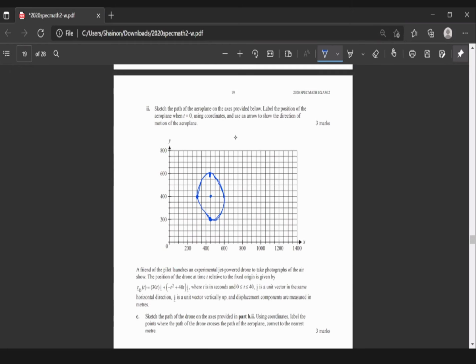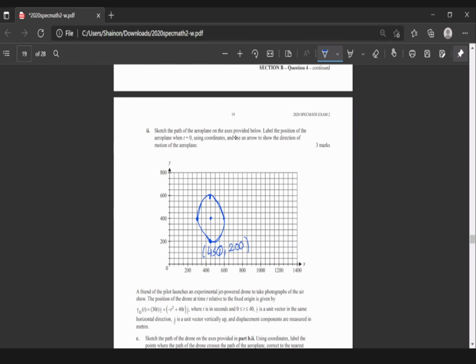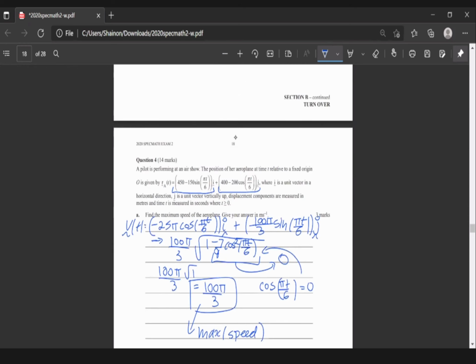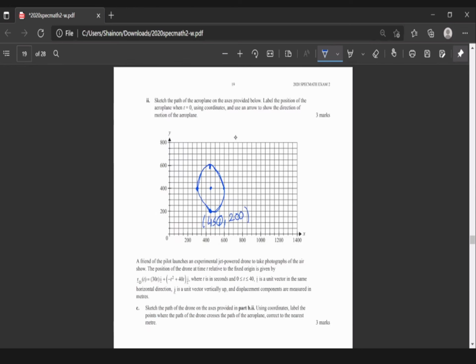So the bottom bit is going to be 450, 200, and when t equals 0, you can sub in t equals 0 and t equals pi by 2. So when t equals 0, that's going to be this value here, and when t equals pi by 2, it's going to be somewhere this way. So it goes this way, clockwise.